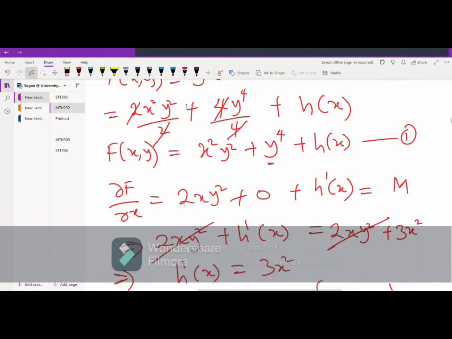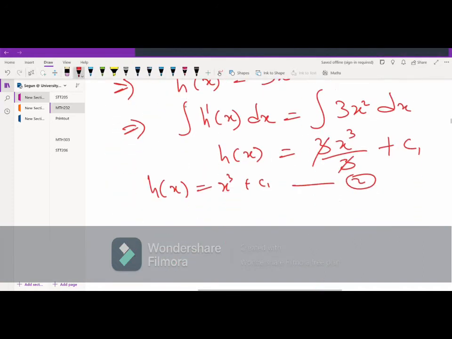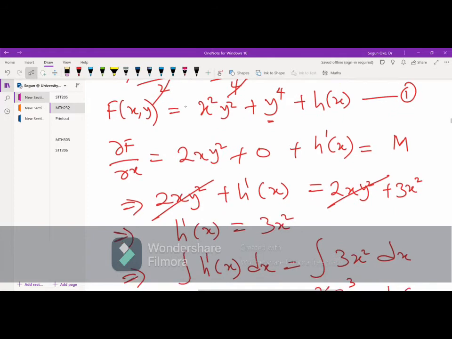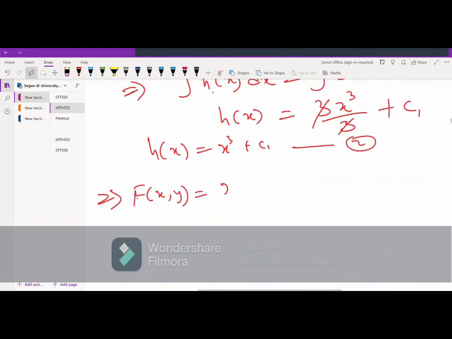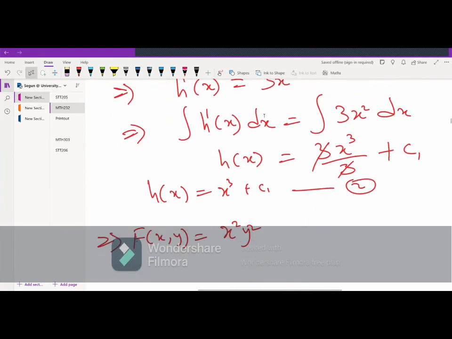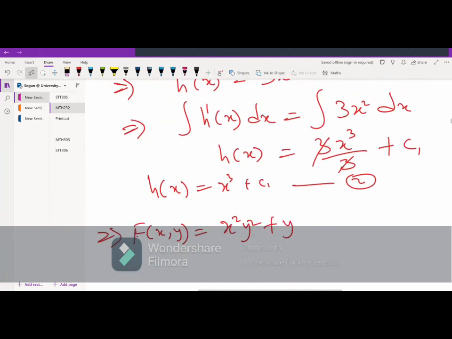So we can substitute equation 2 into equation 1. When you substitute, we are replacing our h of x now in equation 1. So we have f of x comma y equals to x squared y squared plus y to the power 4 plus x cubed equals to c.